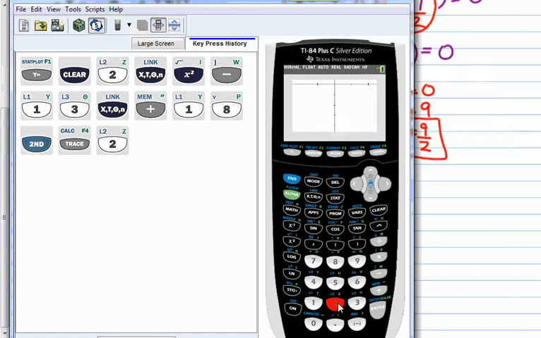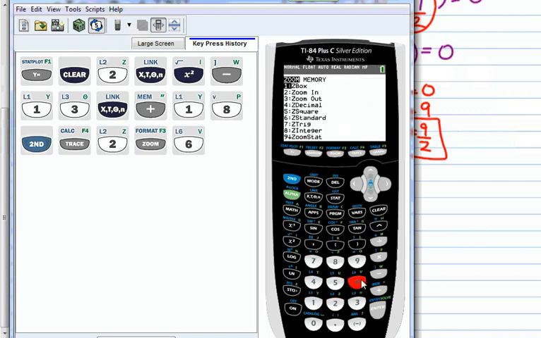My graph is currently zoomed in because remember I zoomed it in previously. No big deal. Hit the zoom button. We're going to go with number 6 for standard. So it gives me a 10 by 10. And so now I'm trying to figure out where does this graph hit the x-axis.